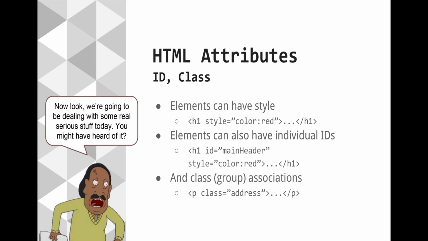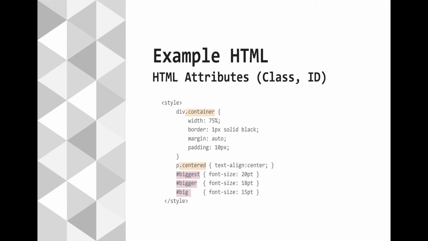And we can actually define this in our style guide, based off of different classes and different IDs. For instance, we have div.container. The dot is important there, with width, border, margin, padding. We have p.centered, which simply centers it.